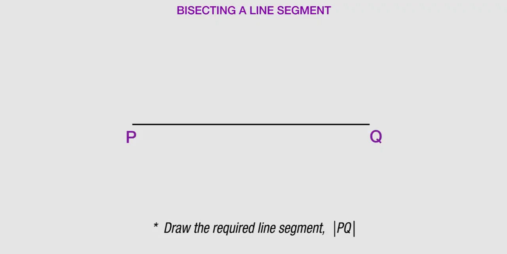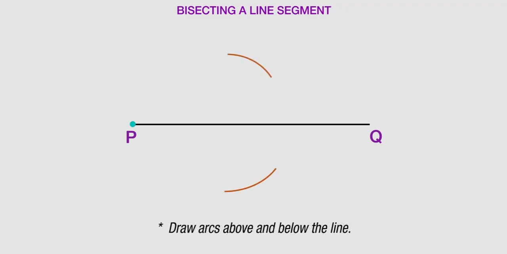Place the compass at one end of the line segment, maybe at P. Adjust the compass to be longer than half the line segment towards Q. Draw arcs above and below the line with compass point at P.